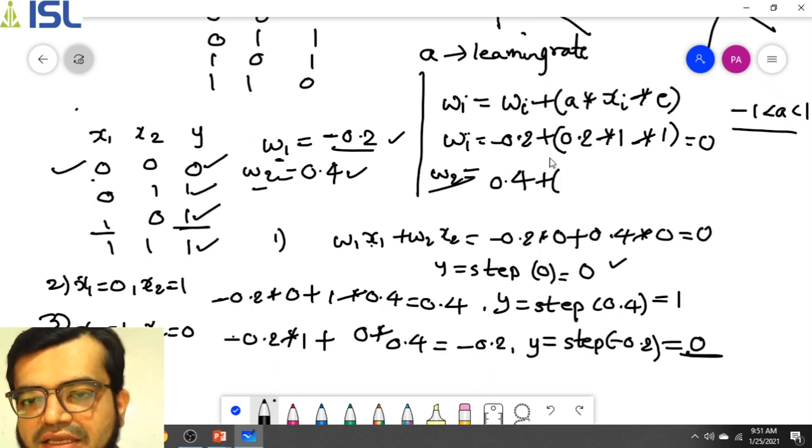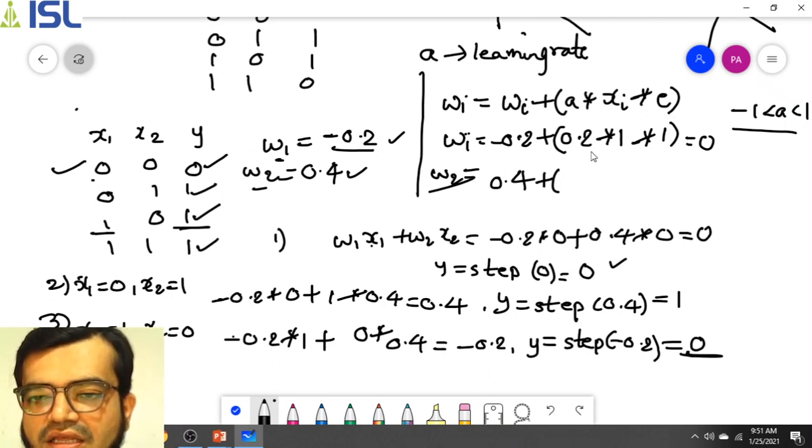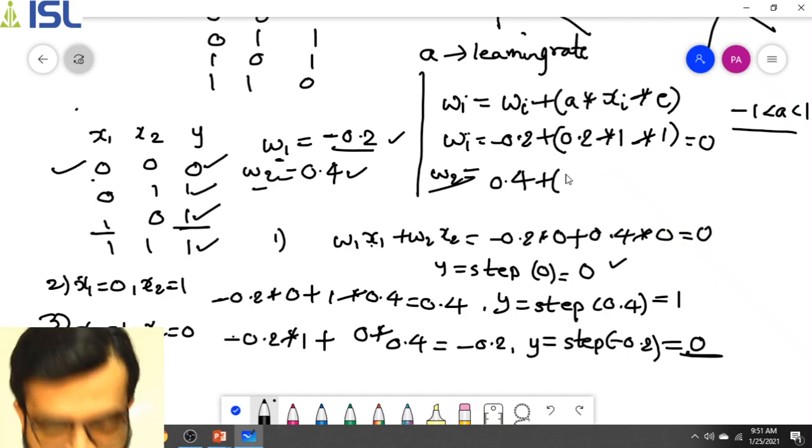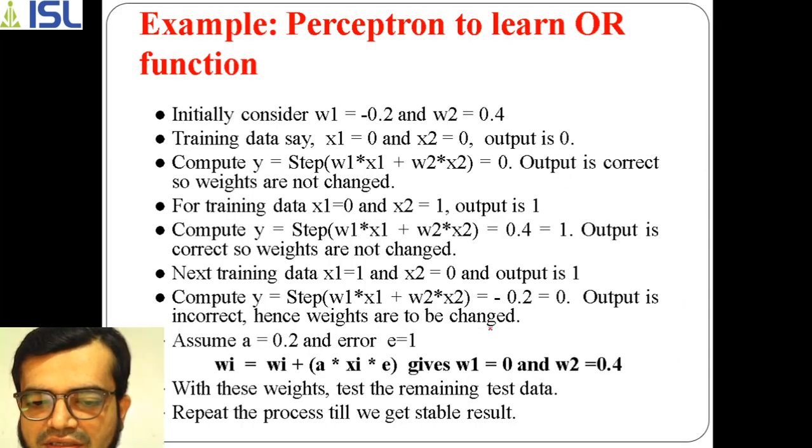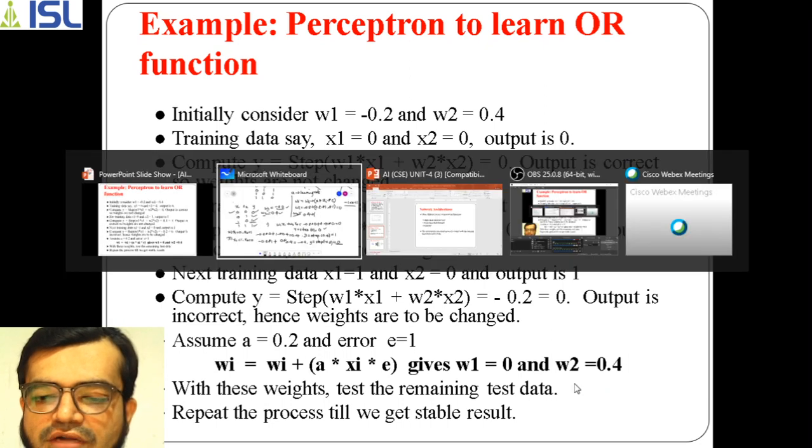It will be something like this if you adjust accordingly. For example, here you have w1 as 0 and w2 as 0.4.